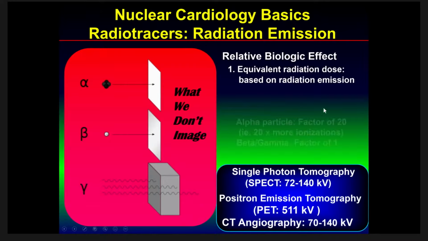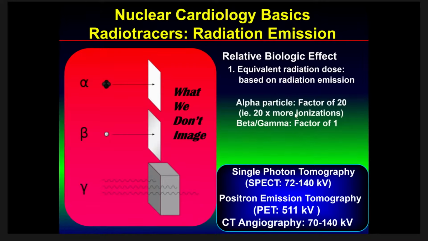They, in fact, cause about 20 additional ionizations for every emission that is generated, whereas beta and gamma have a factor of only one ionization per emission. So alpha particles, even though they don't penetrate very well, are extremely dangerous.